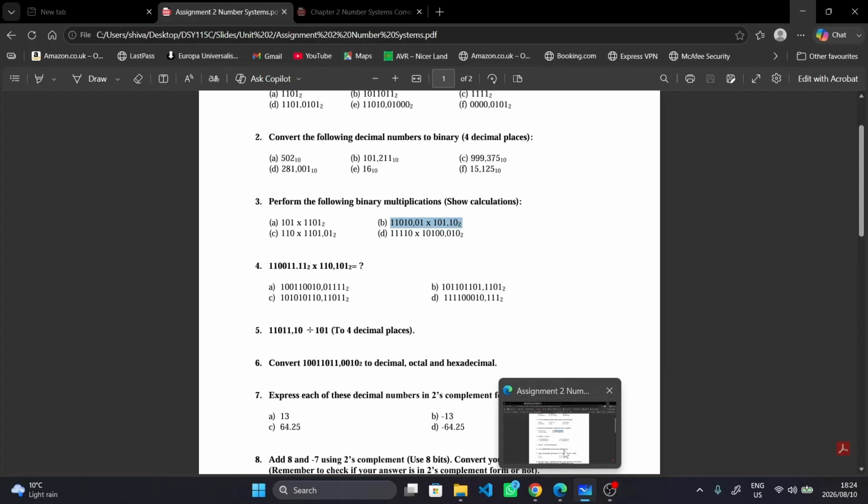Right, so that is our binary value. So we want to perform multiplication for this, which is 11010,01 times 10,101.